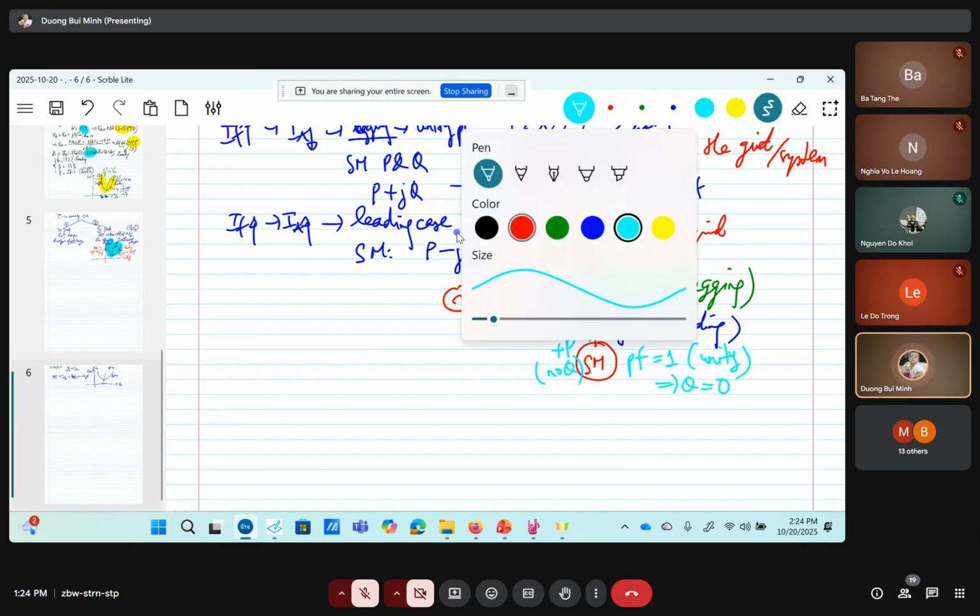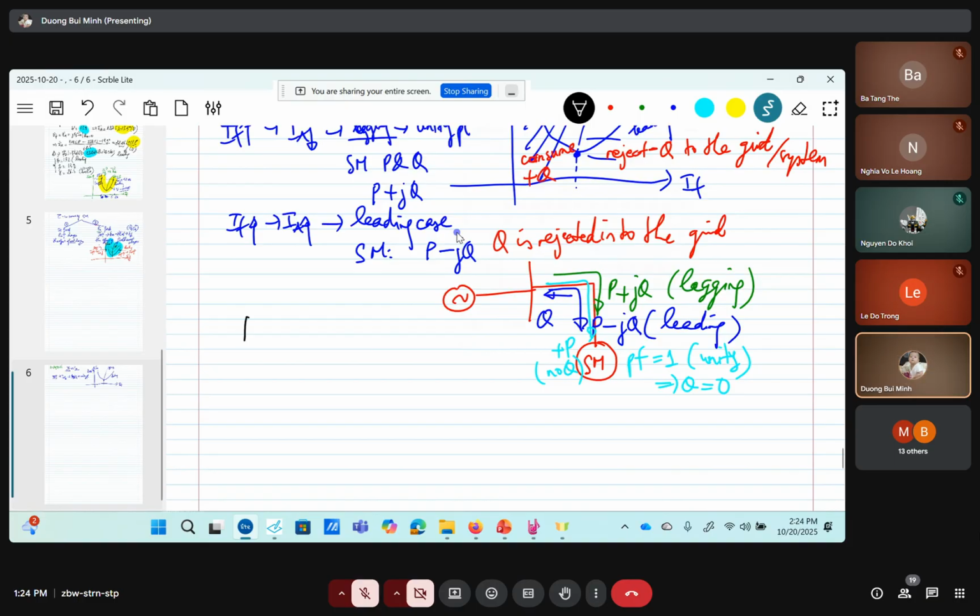Or you can say if we have P plus jQ, that means the SM operates under an under-excited system.